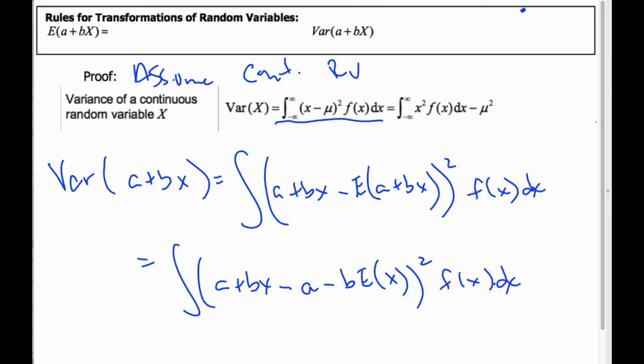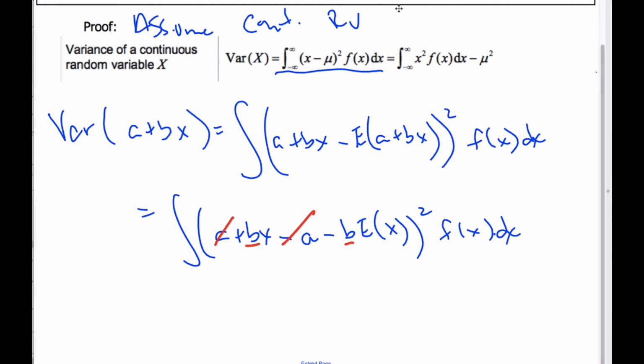Well, I can see that the a's cancel. And what I can do next is factor out this b. When I pull out the b as a factor, it has to become squared. And then I have x minus the expectation, squared, times f of x.